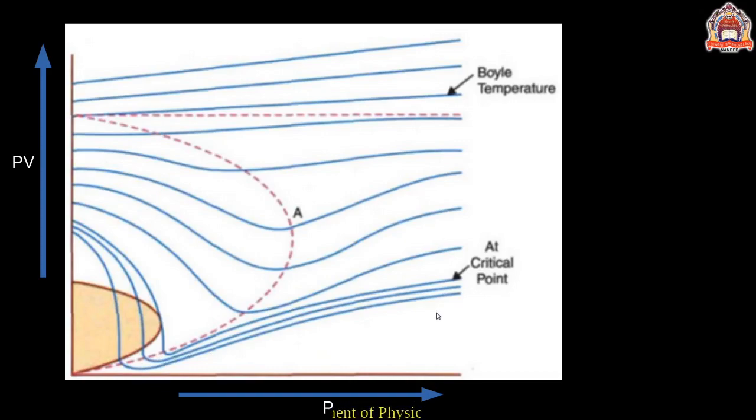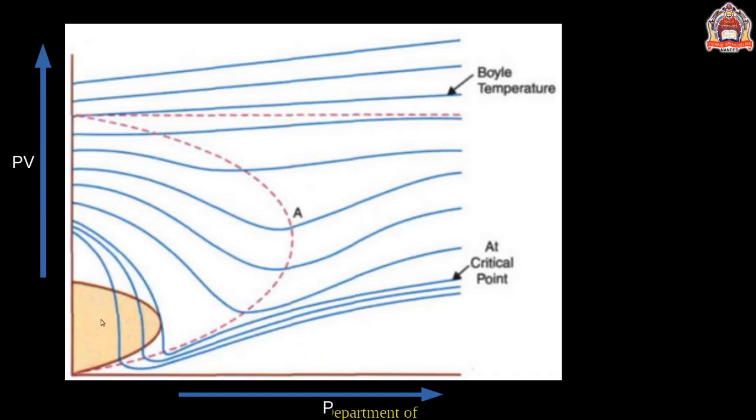At lower temperature, but at the temperature below the critical temperature, there is sudden decrease in the value of PV. Here sudden decrease is happening, at this value sudden decrease is happening with increase in pressure. This corresponds to change of state from gas to liquid.